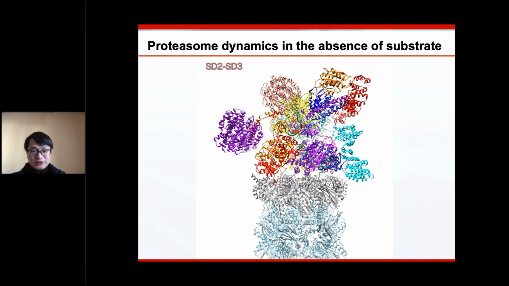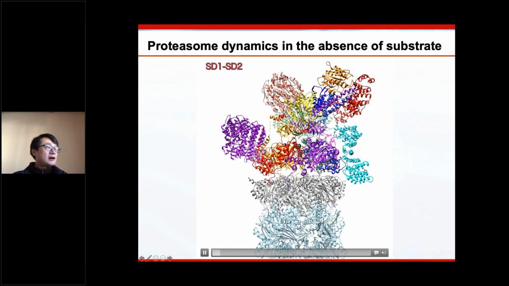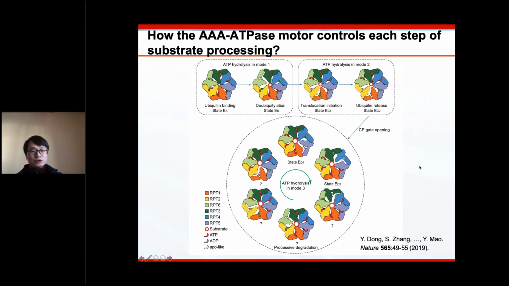It shows that the proteasome is in constant motion even when you don't give it anything. So that's the work before 2018, but in fact, starting from 2017, we started various experiments to figure out how to assemble a substrate and capture the substrate-bound proteasome.